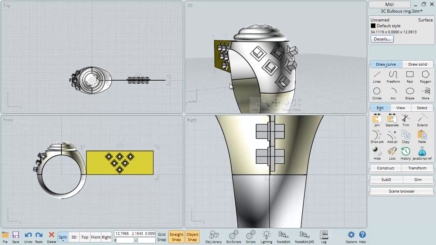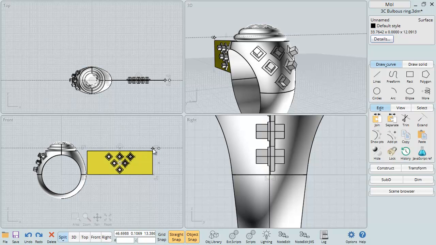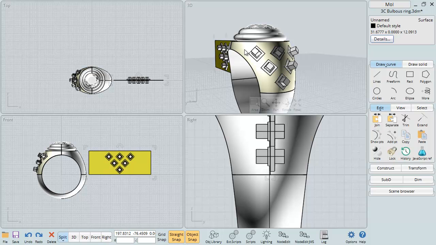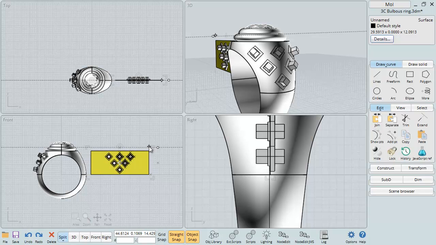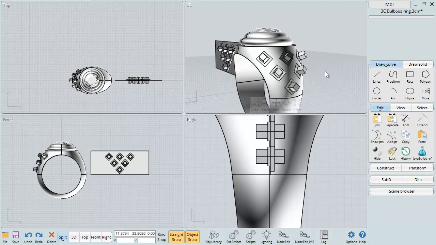I think maybe a little less. So let's stretch them to the side a little more. I want to move this one out this way a little bit more, and that allows you to say, okay, that's how I wanted my ring.